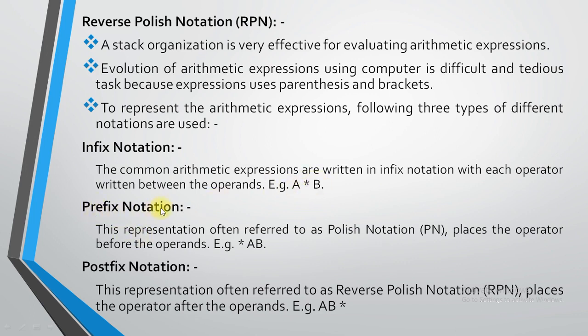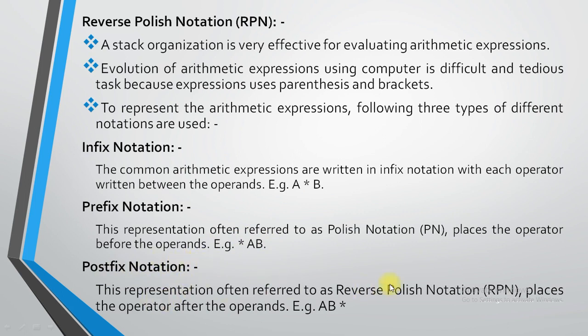The second notation is known as prefix notation. Pre means before. So this representation, often referred to as polish notation, places the operator before the operands, which can be marked as multiplication A, B. And postfix notation.